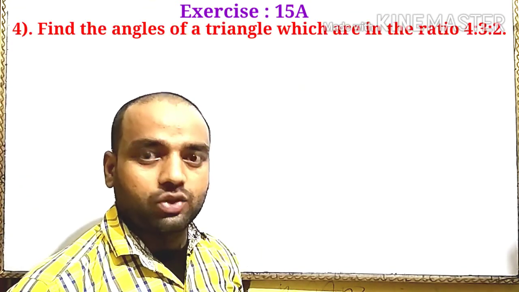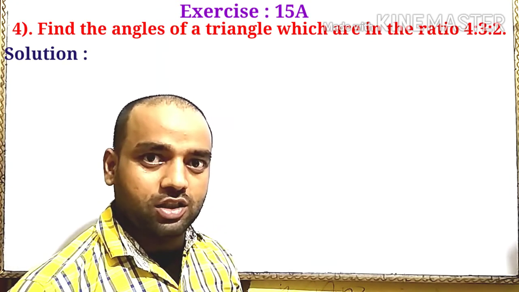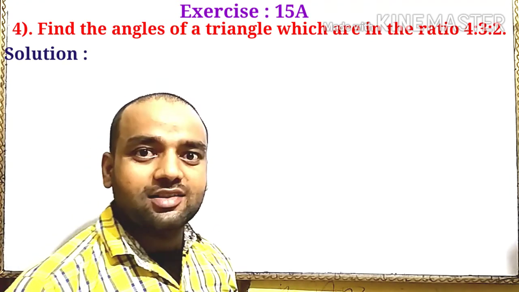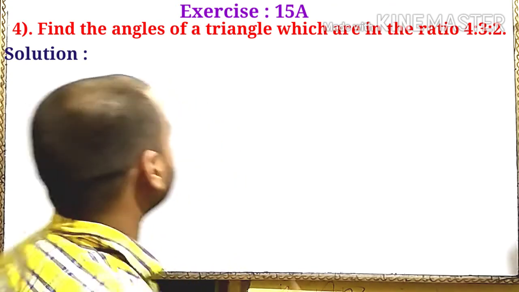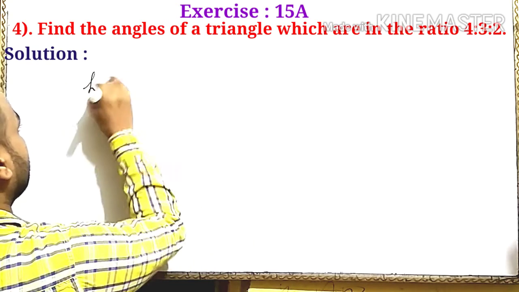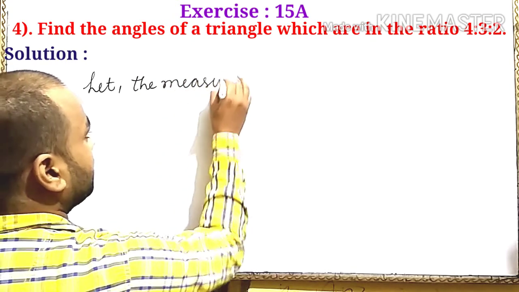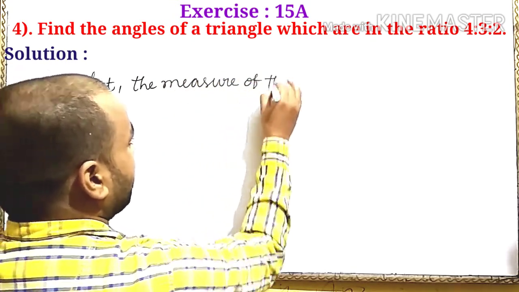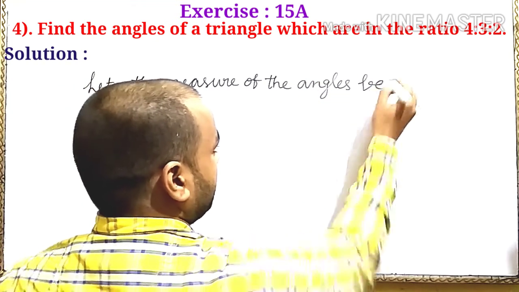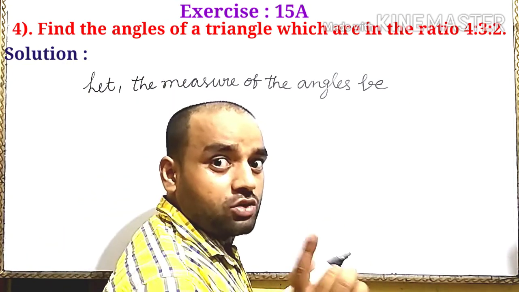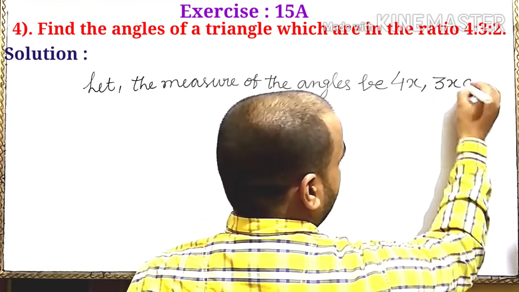In question number 2, find the angles of a triangle which are in the ratio 4:3:2. Here angles are given in ratio. So we take a variable. Let the measure of the angles be 4:3:2, which means 4x, 3x and 2x.